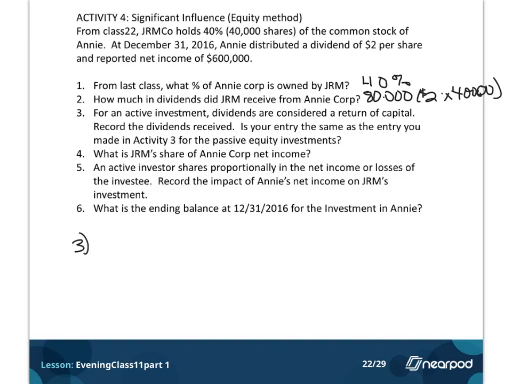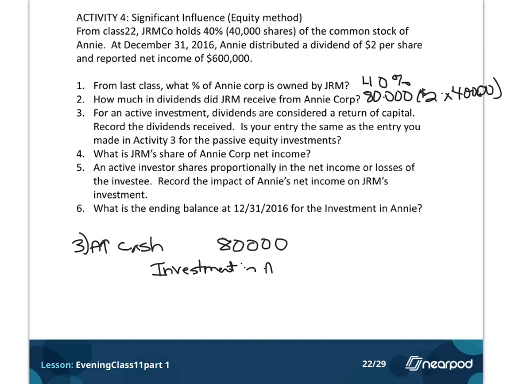All right, so we got cash, right? They paid us dividends. We got cash of 80,000, which we just calculated. The return of capital means that rather than recognizing this as revenue, it's basically a payback, a return of what we paid out.